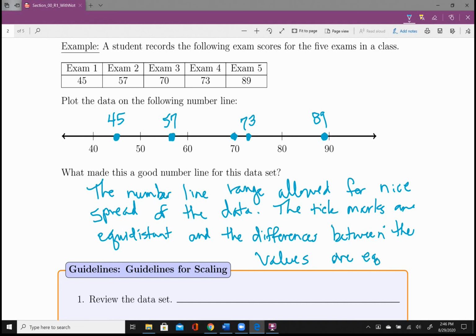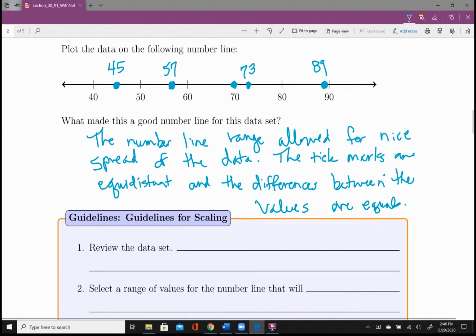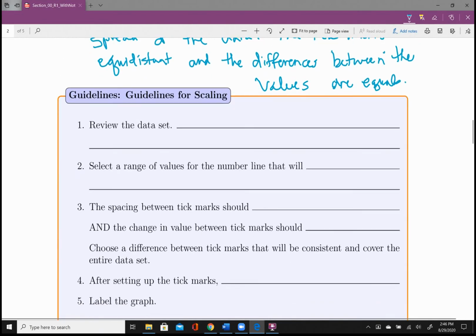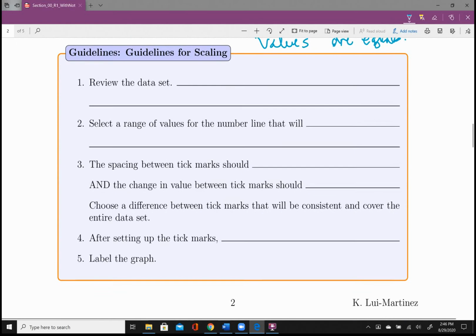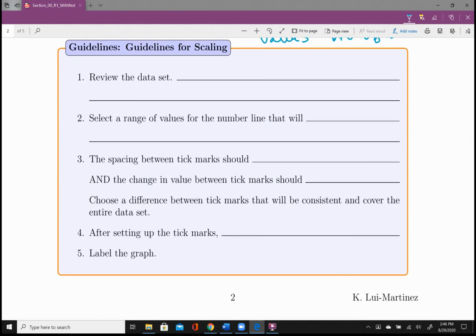So these features of a good number line are going to guide us in figuring out how to draw number lines for other data sets. So that's what we're going to cover right now in this little purple box, guidelines for scaling.